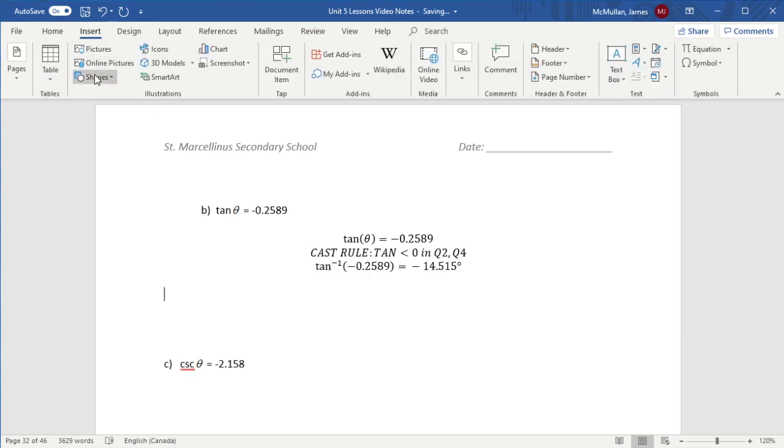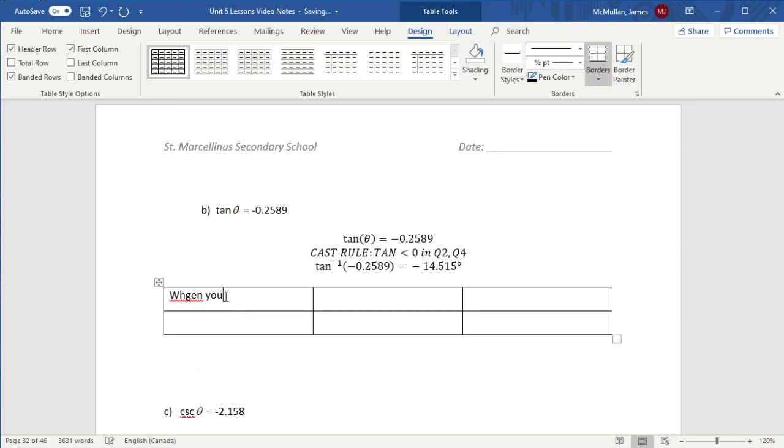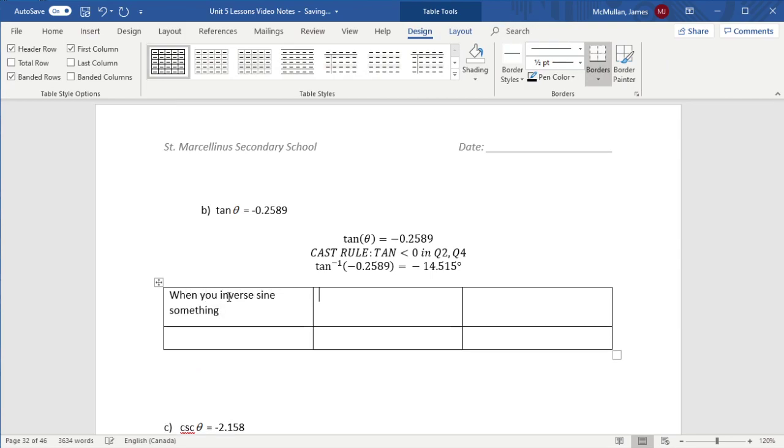I'm going to make a little table. When you inverse sine something, when you inverse cos something, when you inverse tan something. Actually, there's a better way to organize this.